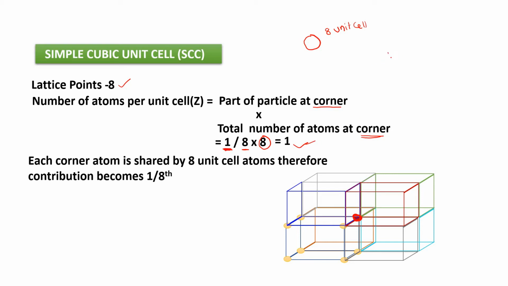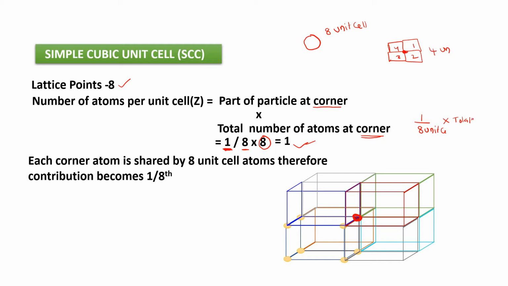Only one atom. For example, you take this diagram. Now, if you place an atom here, this is sharing with how many unit cells? 4 unit cells here. This atom is sharing with 4 unit cells. Similarly, when you keep an atom at the corner, that will be shared with 8 unit cells. Therefore, I have taken one atom sharing with 8 unit cells, into the total number of corners.